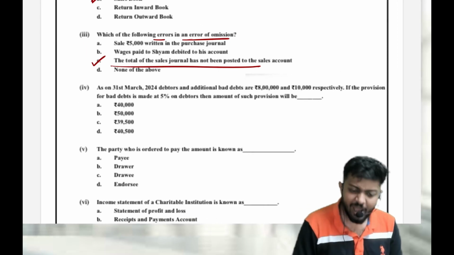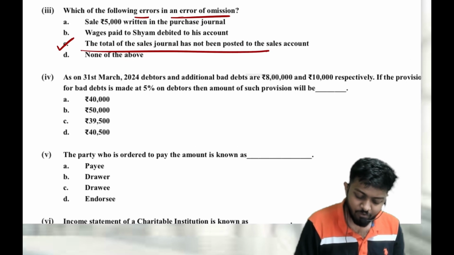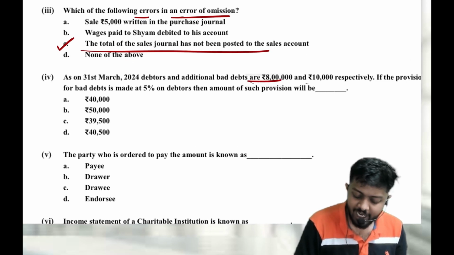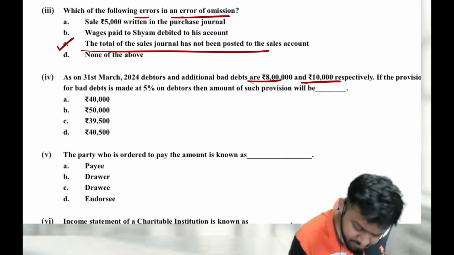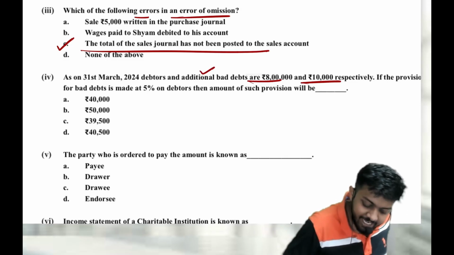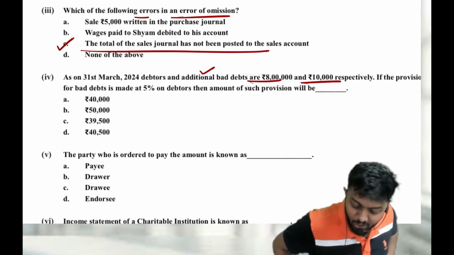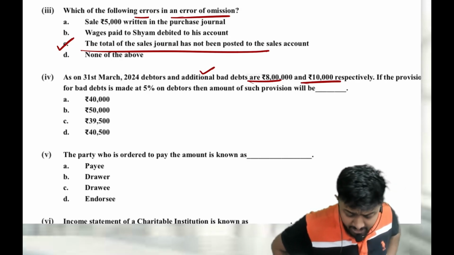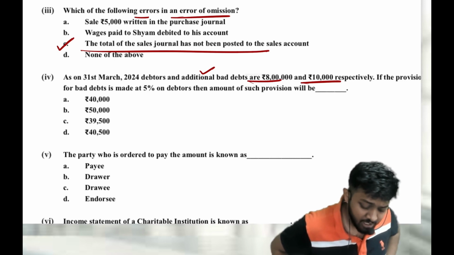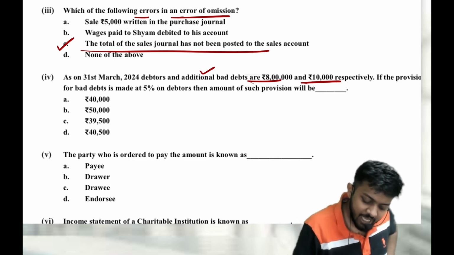Then what is this? Everywhere you will be having this PDD, so don't leave this. As on 31st March 24, debtors and additional bad debts are 8 lakh and 10,000 respectively. See, it's additional bad debts. If the provision for bad debts is made at 5% on debtors, then the amount of such provision will be? Debtors as on 24 is 8 lakh.